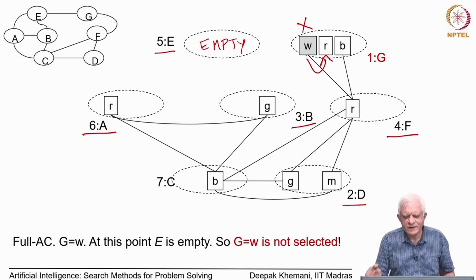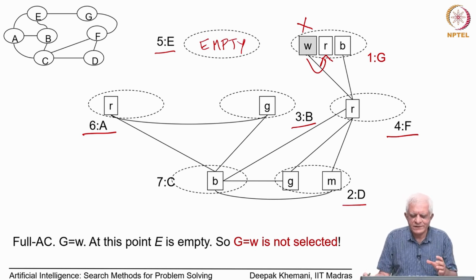I hope this gives you a flavor of the fact that look ahead, arc consistency will do more work while selecting this value W, and it will backtrack earlier. Forward checking did less work, it only looked at related variables and pruned future domains, but it ended up doing more search. So, this trade off between search and reasoning I hope is clear with this example.